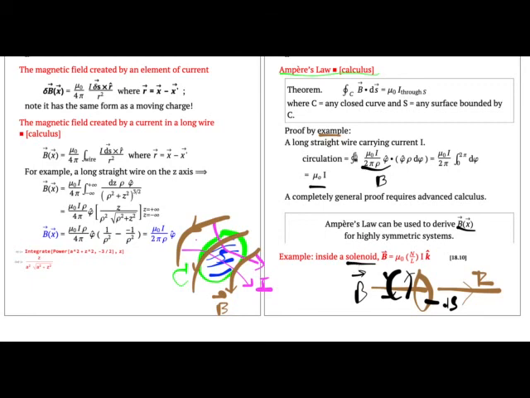And from this theorem, you can show that the magnetic field inside the solenoid is mu naught N over L, where N is the number of turns of wire and L is the length of the helix, times the current I, in the direction of k hat. That is to say, parallel to the axis of the helix.